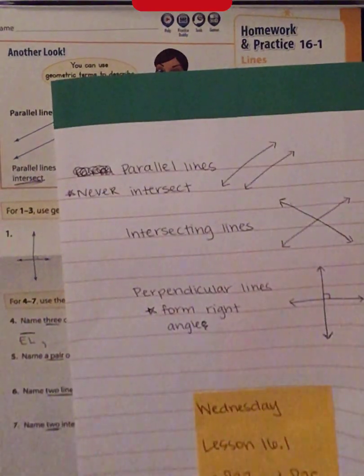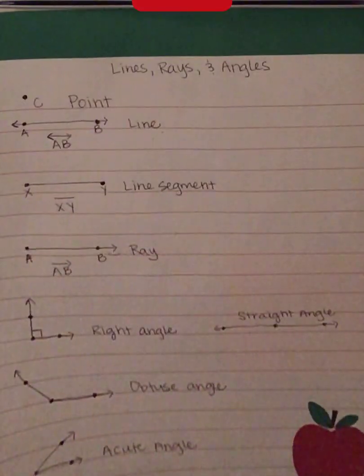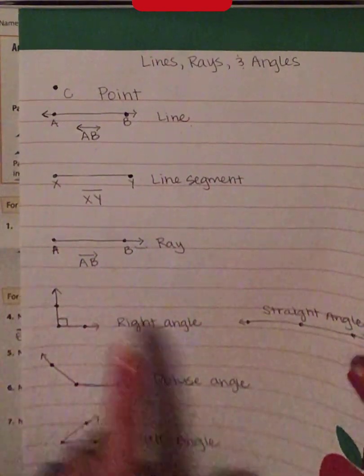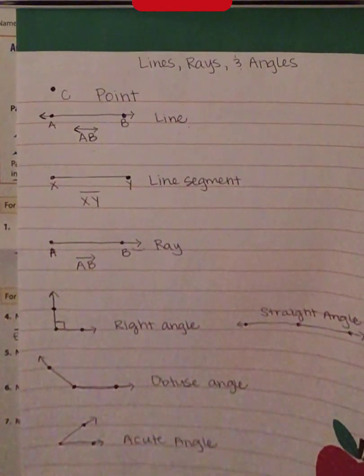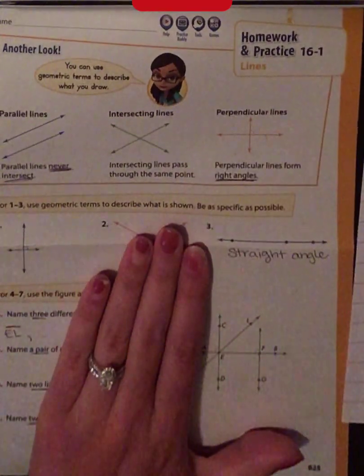Look back in your notes from today and your notes from yesterday or earlier in the week. What kind of an angle is shown here? Right angle, straight angle, obtuse angle, or acute? That would be your straight angle.